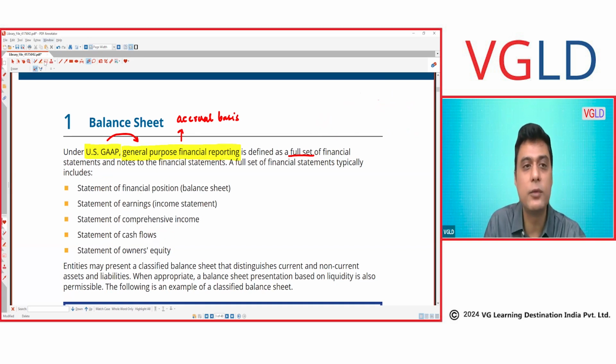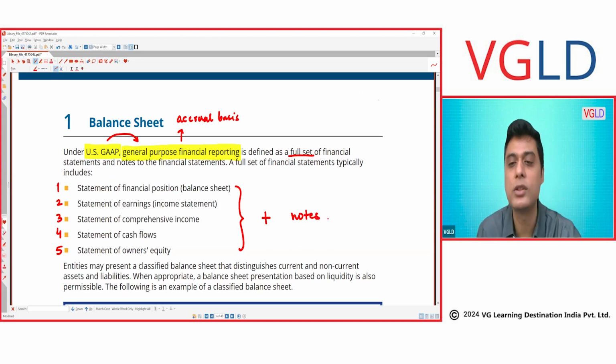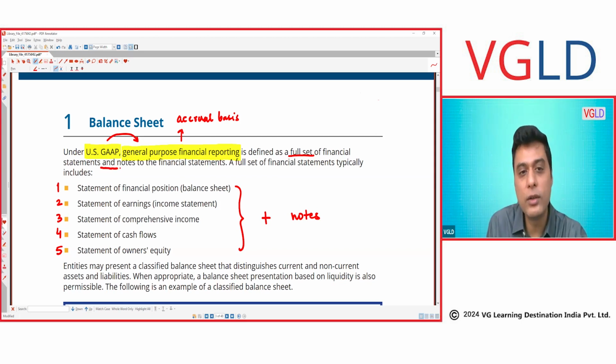This is considered as the full set. So you have 1, 2, 3, 4, and 5 statements plus the notes. Notes are always considered to be an integral part of the financial statements, whether it is mentioned or not mentioned. Without the notes, the financials are incomplete. And notes is written over here.